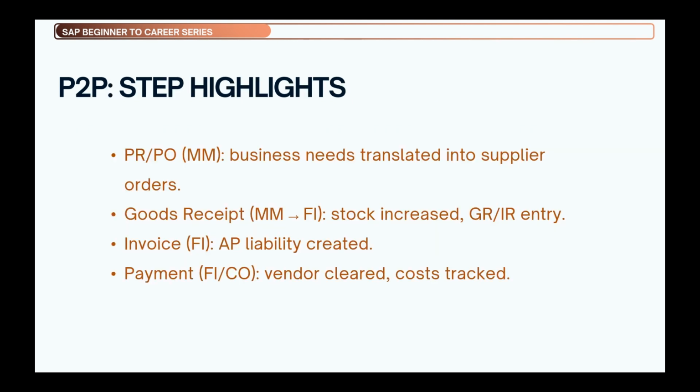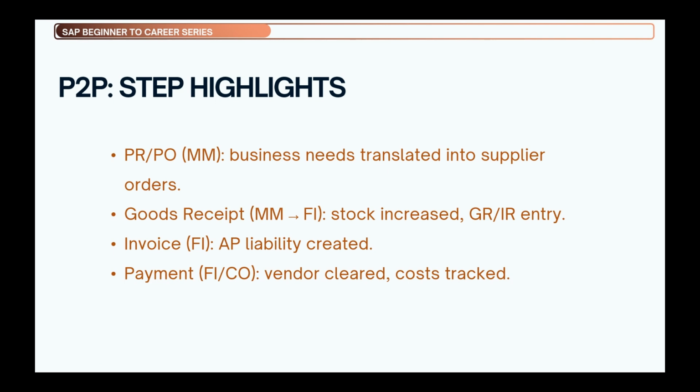In the procure to pay process, these are the step highlights. PR and PO are created under the material management module, and business needs are translated into supplier orders. PR is the business need and it's translated into a supplier order by the PO. Then goods receipt happens, MM to FI, stock increased, GR/IR entry will be created.